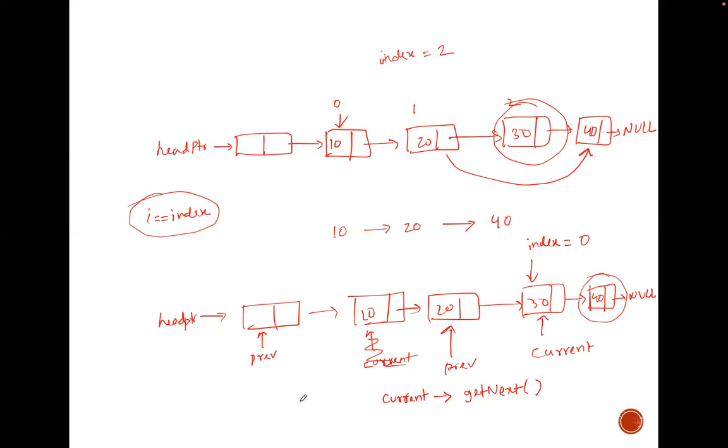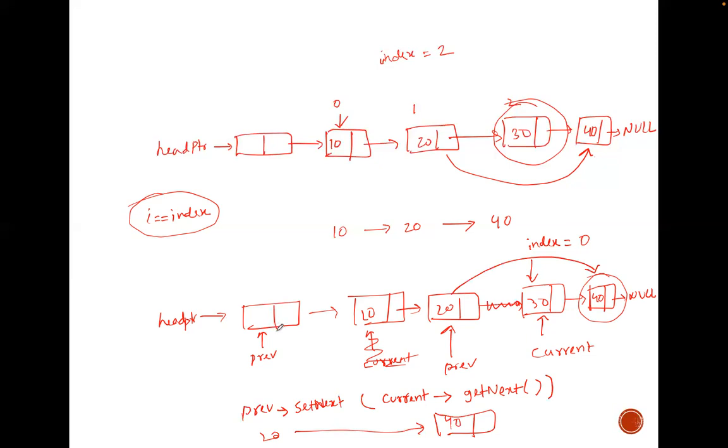That means we have to set next of previous with this node. Previous is 20, so previous set next, we are going to point to node 40. Now instead of pointing to 30, after this line, it is going to point to node 40.